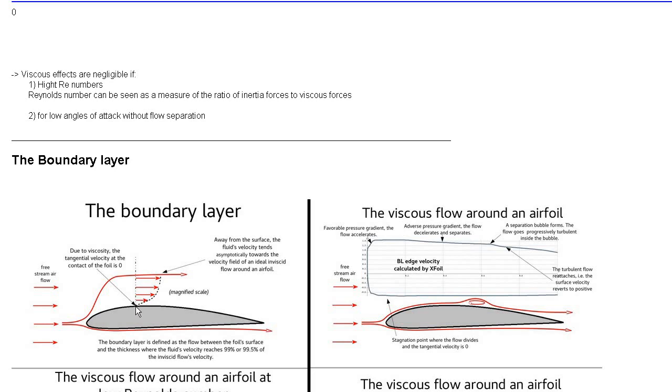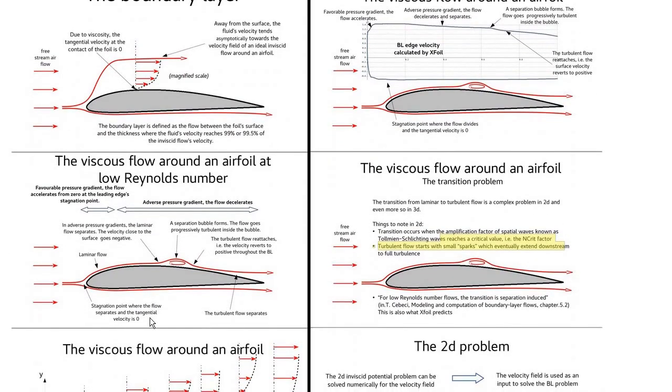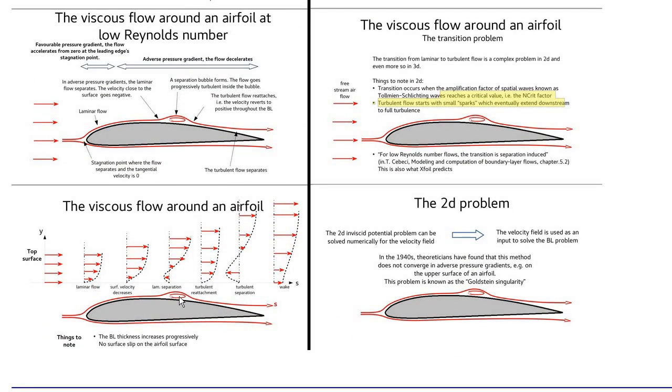So we have 0 speed at the surface of the airfoil, and then it increases a bit when we move up. And then we also have the formation of very interesting objects, the vortices. The speed basically drops to 0, and then eventually starts to go in the opposite direction, meaning that the air starts to circulate and move in the opposite direction. This has to be included in the simulation as well.